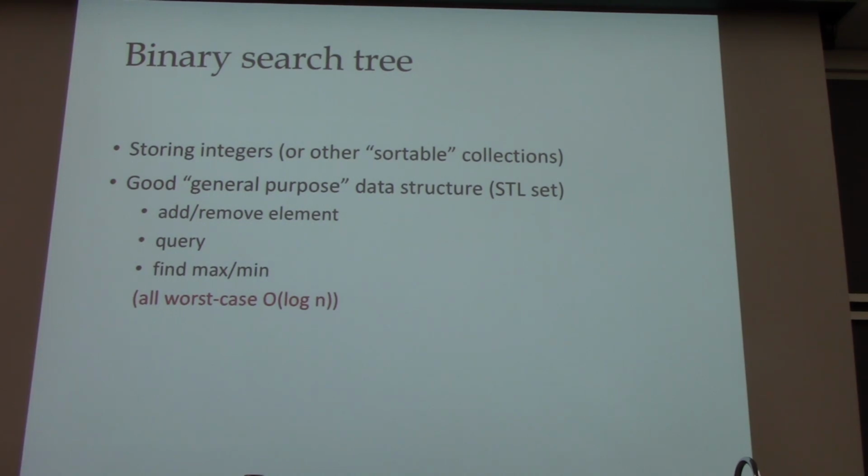I already said it stores integers. Then what does it do? It supports adding and removing elements. You can query if an element exists or not. You could also find the max element, find the minimum. Okay, so this is what a binary search tree does. And all these operations have a worst case log n time.